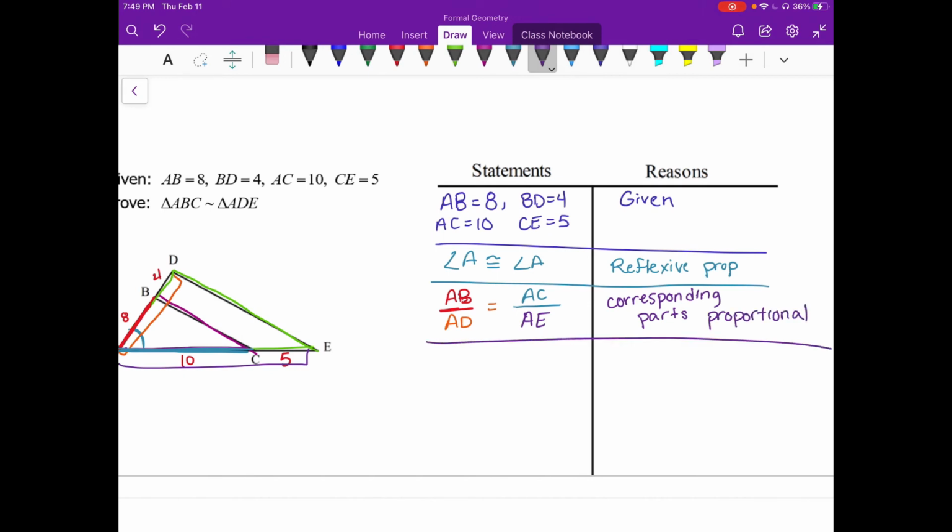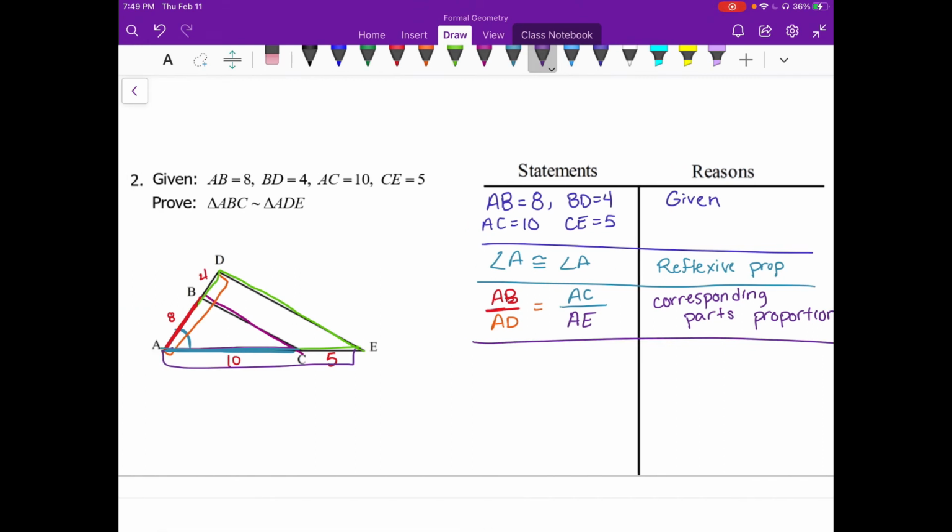You're just setting up your equation. Next, I'm going to substitute in those numbers. So AB was 8 over AD, which was the whole thing, so 8 plus 4, which is 12. AC is 10 over AE, which is 15. That is substitution.